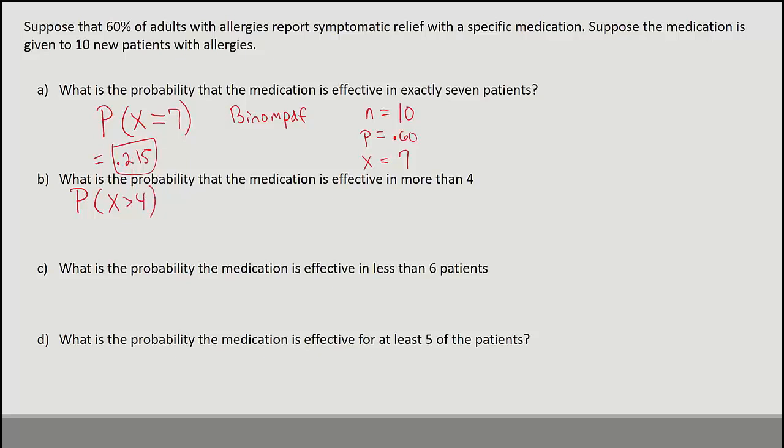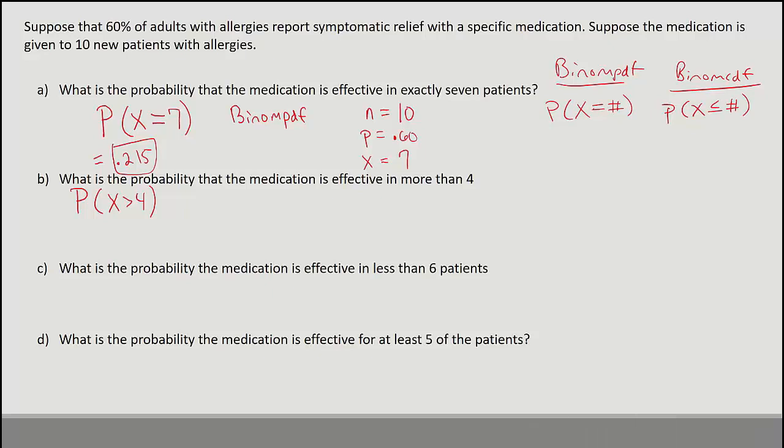Maybe I should come out here to remind you guys. All right, one more time. Binompdf is the probability that X is equal to some number. Not to be confused with Binomcdf, which is the probability that X is less than or equal to some number.